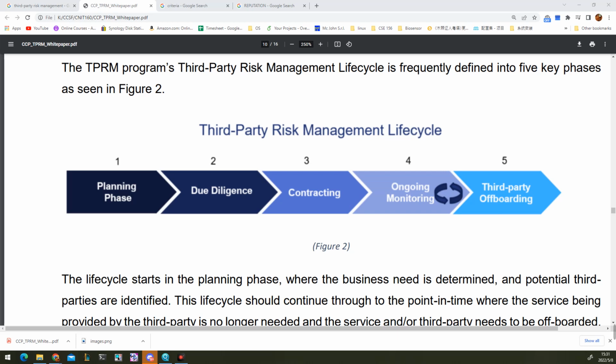And then there is performance management and oversight. Third-party risk management should monitor third-party performance and track performance management issues when they arise, utilizing established performance metrics.